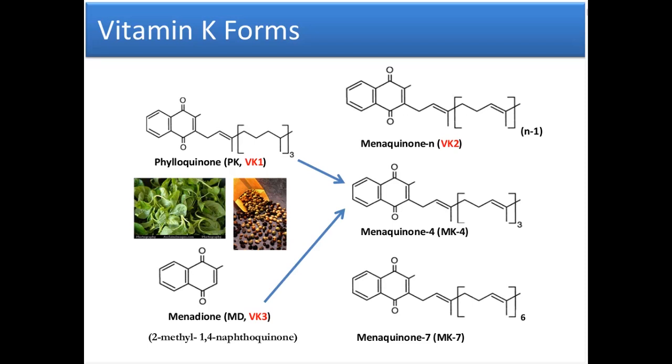We get it through leafy green vegetables and plant oils. And when you eat phylloquinone in your diet, it's actually converted in your body in tissues that need it into menaquinone 4. So a very important message is that even though you eat vitamin K primarily as vitamin K1, it does convert to menaquinone 4 of vitamin K2 in the body where it's needed.